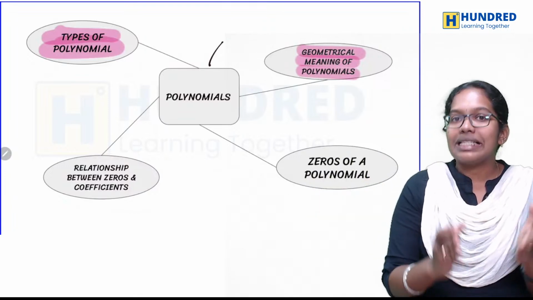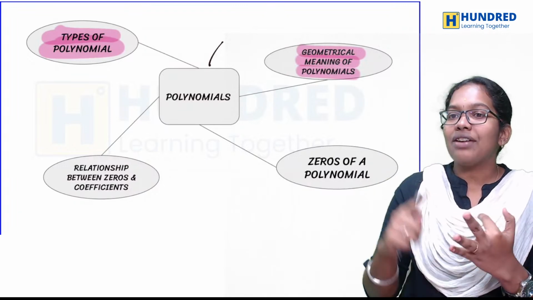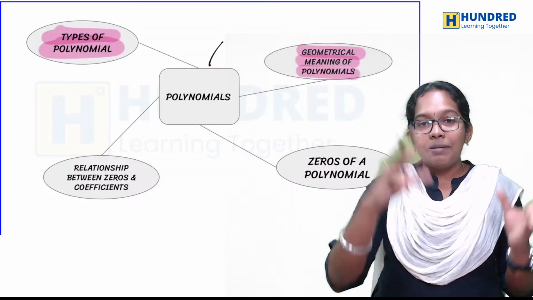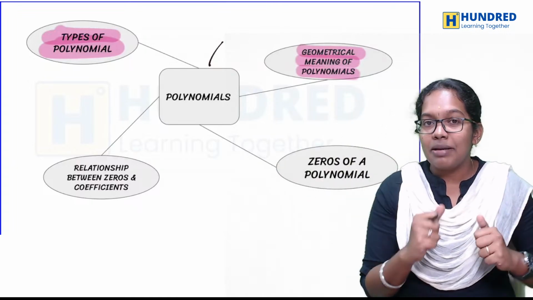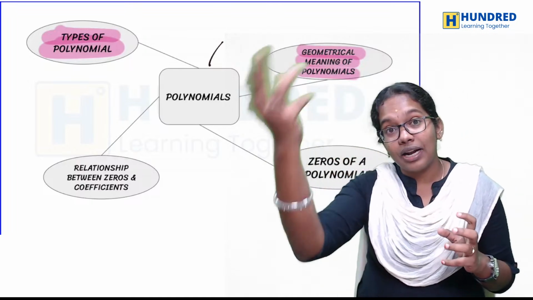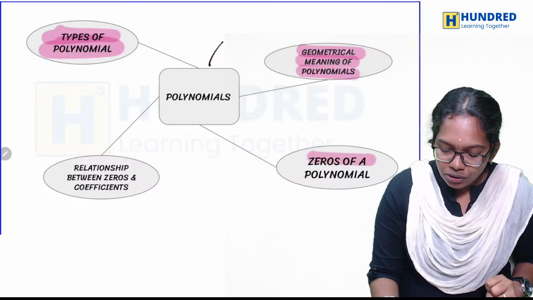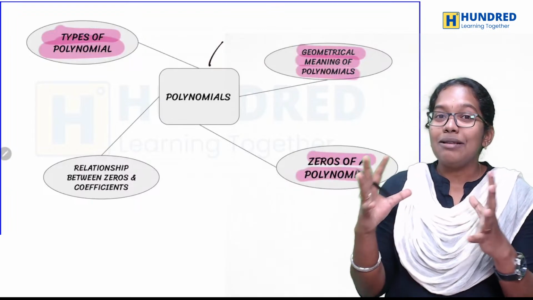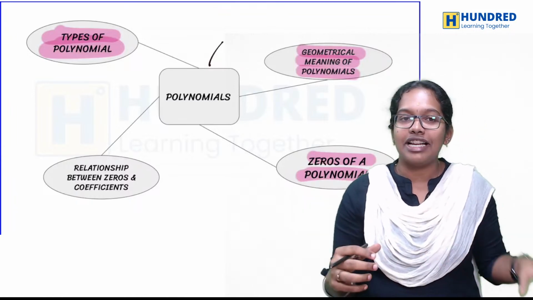Each and every type, linear polynomial, quadratic, cubic, will be represented in the graph, and we'll be finding the zeros from the graph itself. The next part is zeros of a polynomial, the third important concept of this chapter.